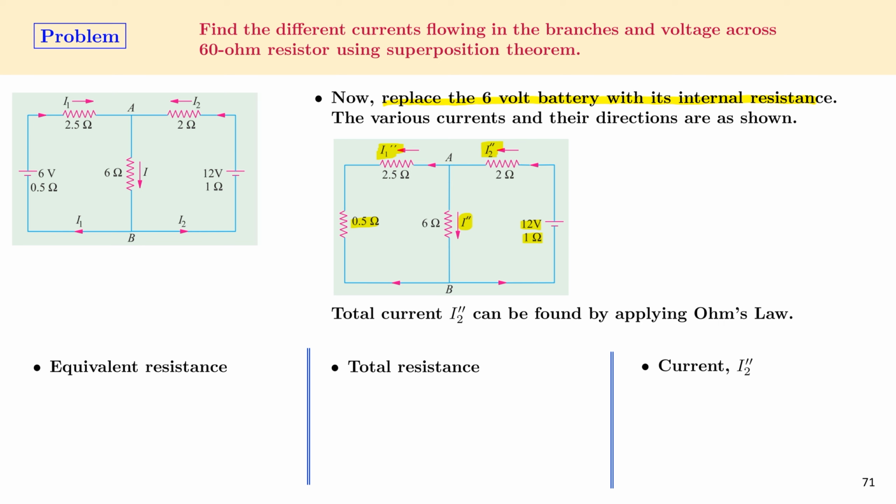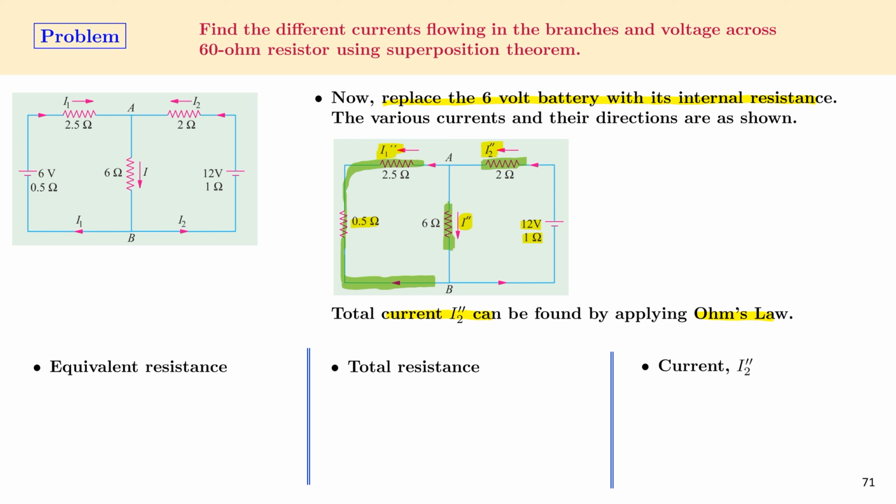That is, the sign of the current will be positive or negative, and accordingly we can determine the actual direction of the current. We'll now find the total current I2 double prime by applying Ohm's law. We see that the 2.5 and 0.5 ohm resistors are in a parallel combination with the 6 ohm resistor, and this parallel combination is in series with the 2 ohm resistor.